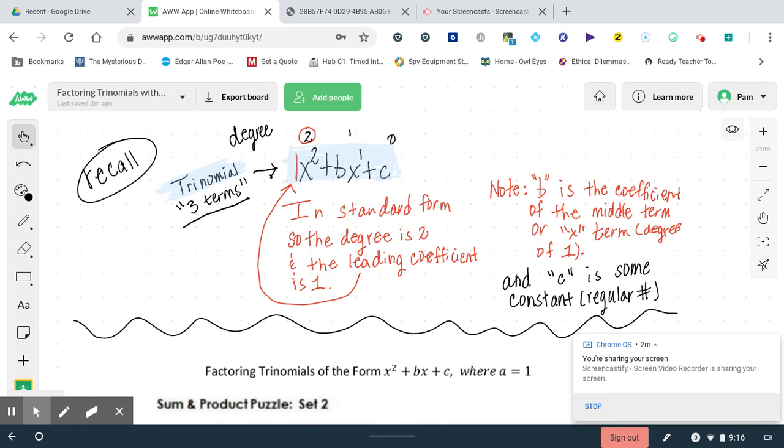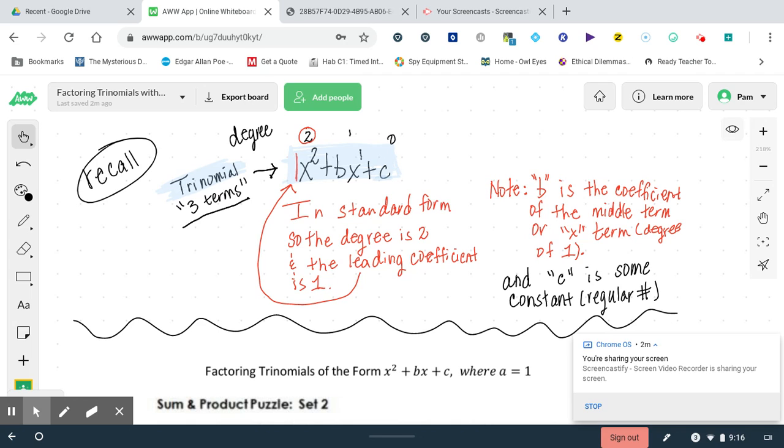So you find the term with the degree of 1, even if it's out of order. Suppose bx was over here and c was right here. Then bx still has a degree of 1 regardless of where it is. So what you would need to do is put it in standard form and you'll be able to see the middle term. Or just say b is still your coefficient of x regardless of wherever it is.